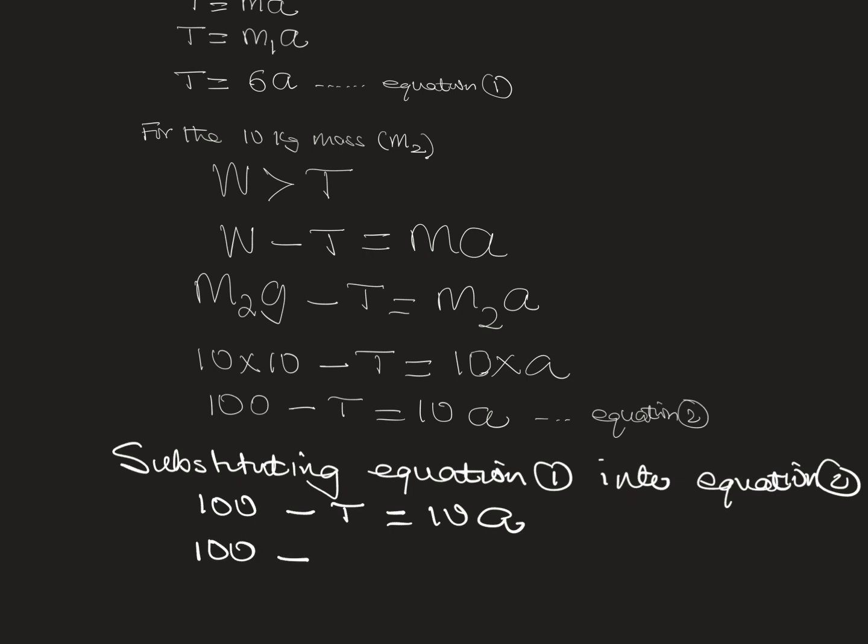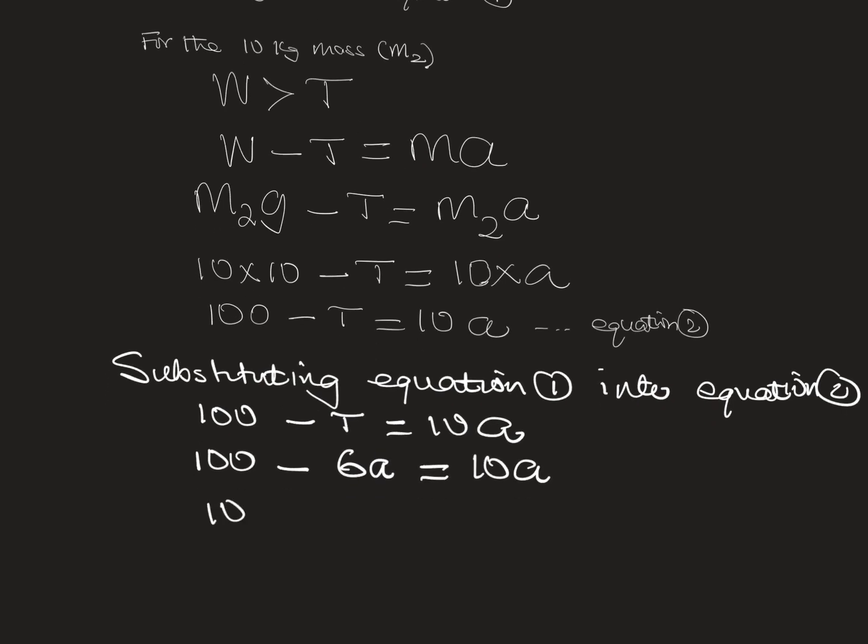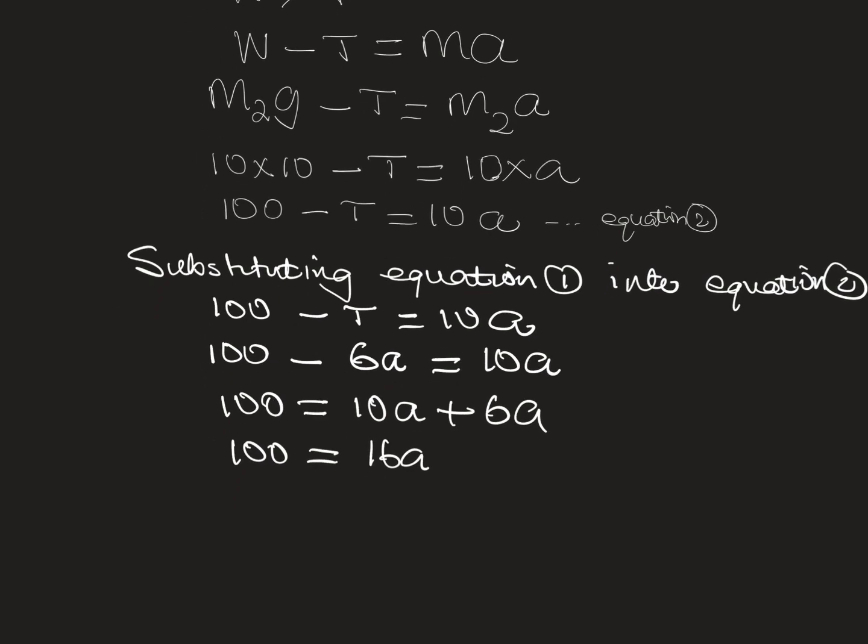We got that as 6A in equation 1. This equals 10A. So 100 is equal to 10A plus 6A. 100 is equal to 16A. To find A, you divide both sides by 16. A is equal to 6.25 meters per second squared.